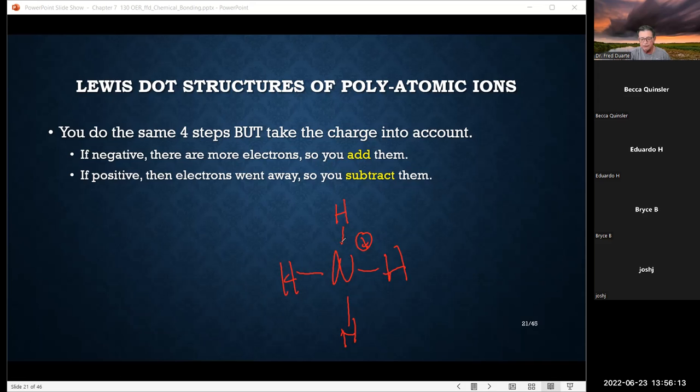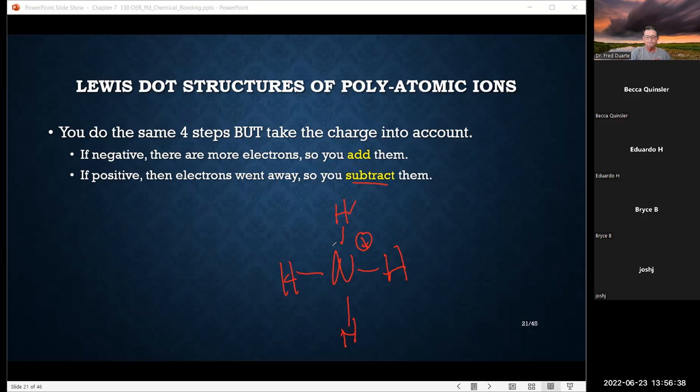That lone pair on the central nitrogen is still there, it's just being tied up with a hydrogen. So whatever number we come up with, we have to subtract, because the hydrogen that came in did not bring in any electrons. It used the electrons that the nitrogen already had.